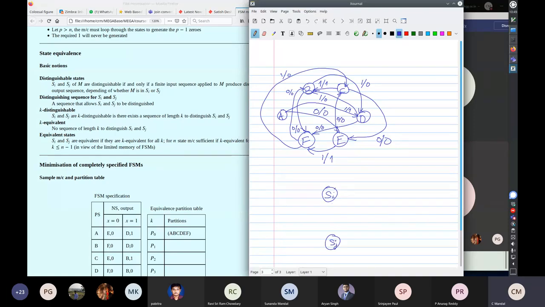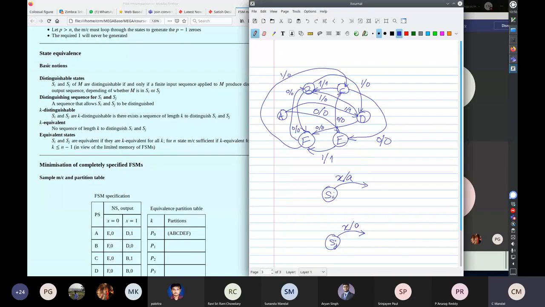Now, how can you try to distinguish between these two states? You can provide some input x. If you get two distinct outputs, then you can definitely say that on input x, I've got A here, I've got B here, so those are different states.